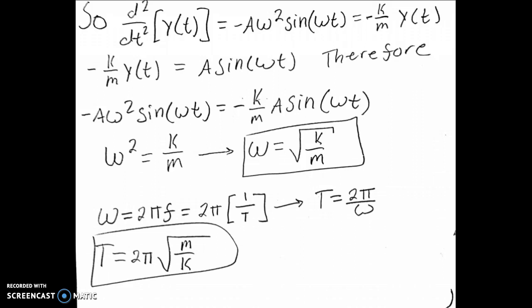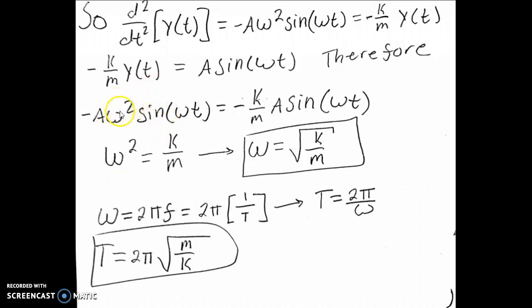One other thing you might notice is that this is generally called the simple harmonic oscillator. If you break down Newton's second law for the simple harmonic oscillator, what you'll find is that the equation for the acceleration is just negative omega squared times x.